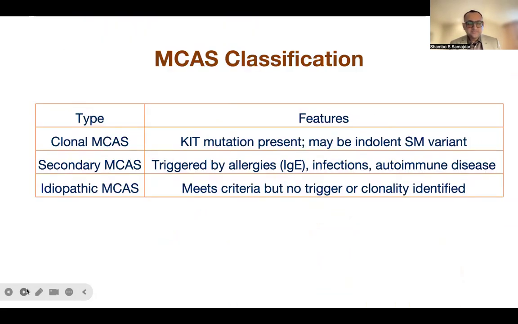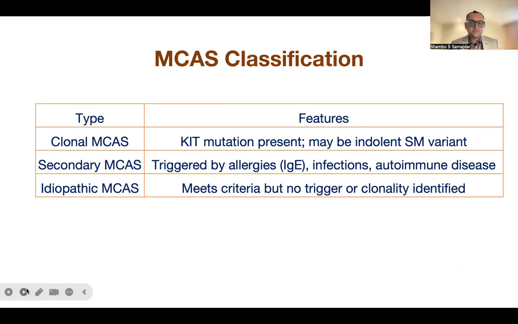So in a simple way, if we want to classify mast cell activation syndrome, one is the clonal mast cell activation syndrome, where the KIT mutation is present, maybe an indolent systemic mastocytosis variant. Then the secondary mast cell activation syndrome, as we had discussed, can be triggered by allergy, infection, and autoimmune disorders.